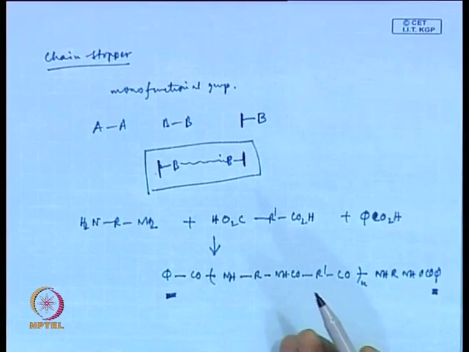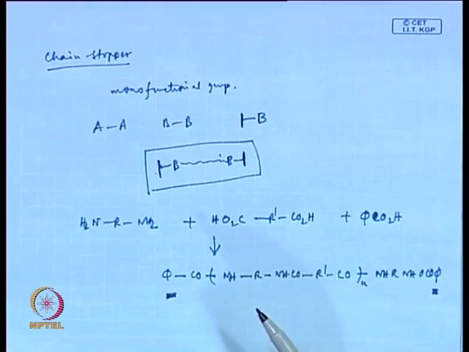Okay. So, it is advisable, and industrially it is done, by taking one of the bifunctional or polyfunctional monomers in excess, or a monofunctional monomer which is termed a chain stopper added externally, so that we can control the target chain length.